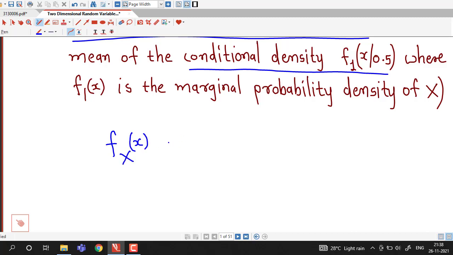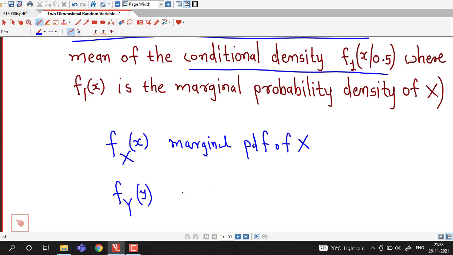This was the notation for the marginal probability density of random variable x, and we have used this notation for the marginal PDF of random variable y. So instead of this notation, in this question they have used this notation f1(x).